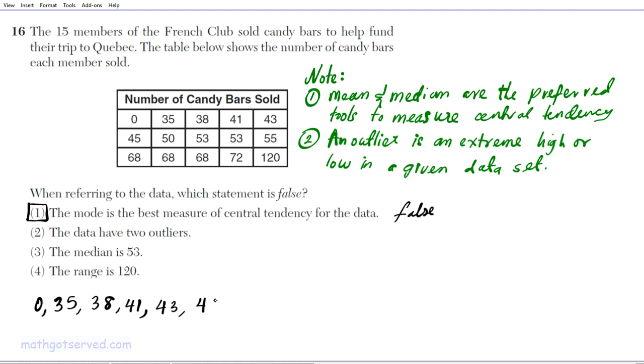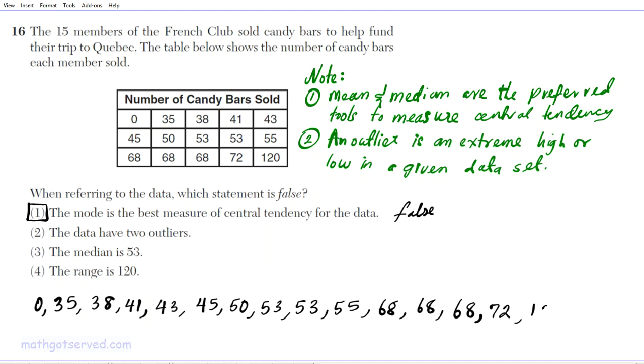Okay, 43, 45, 50, 53, 53, 55, 68, 68, 68, 72, and 120. Okay, so to see where the outlier is, let's take a look at the growth.